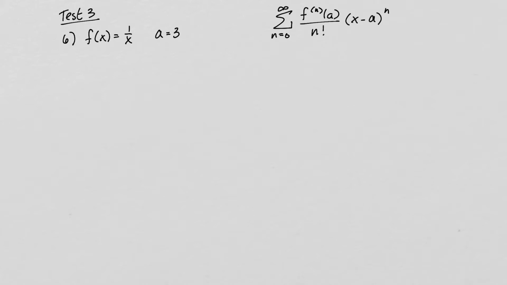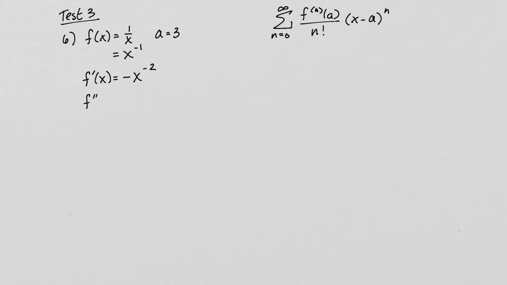So again, the biggest thing is to figure out what the pattern is, right? The easier way to think of this to take the derivative is x to the negative 1. So what would the first derivative be? Yeah, negative x to the negative 2.